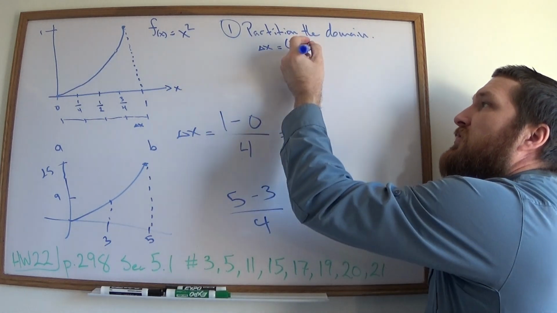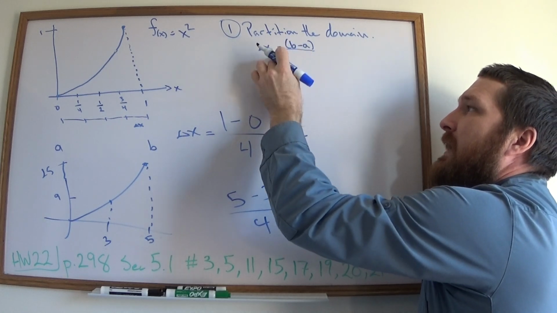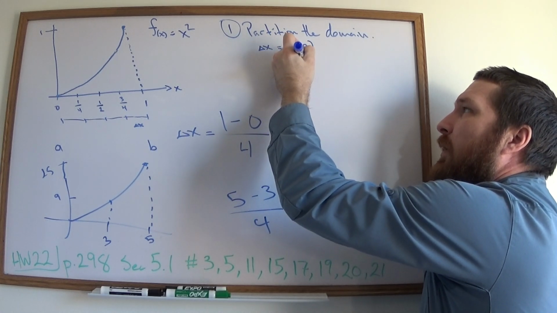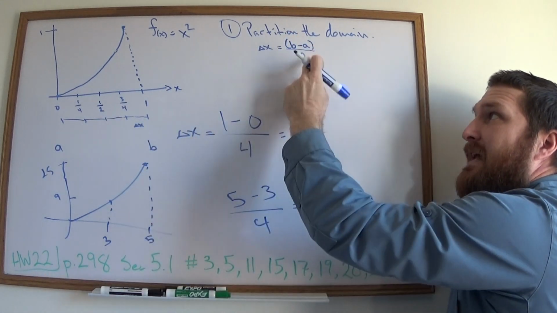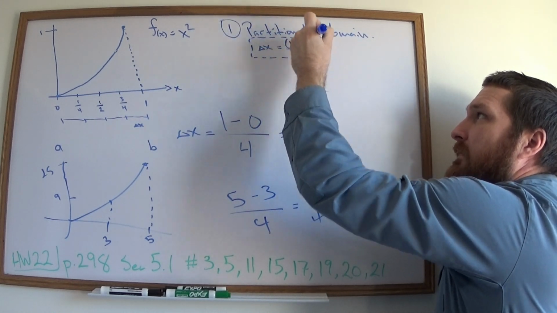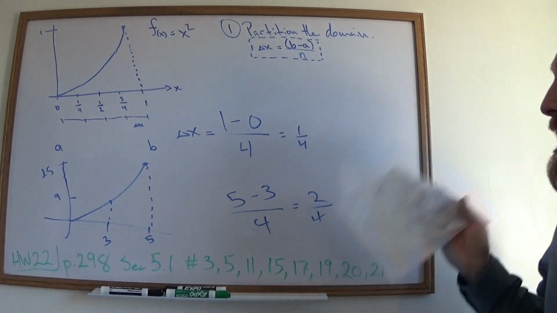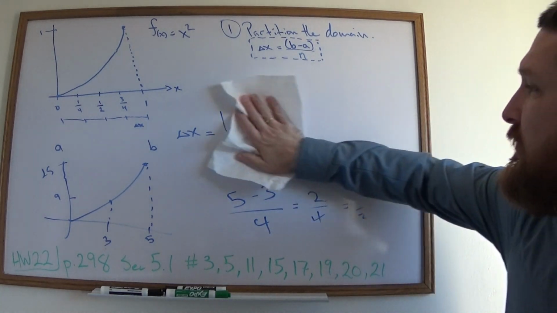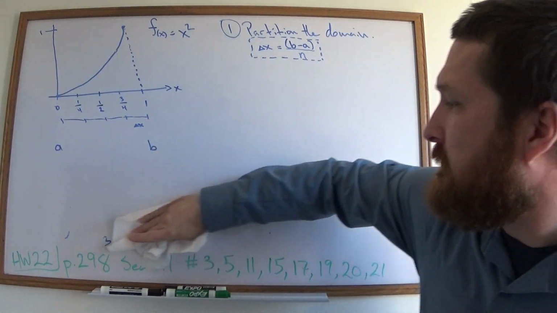In general, however many pieces, n pieces, you've cut this into, you have your final position minus your initial position, chopped into n pieces. Right now we've chopped it into 4 pieces, so we have 4 blocks.